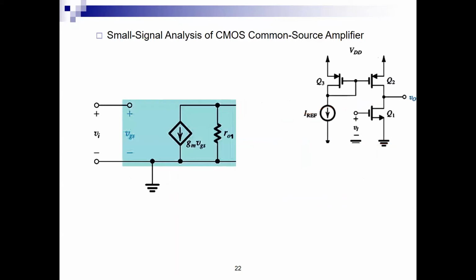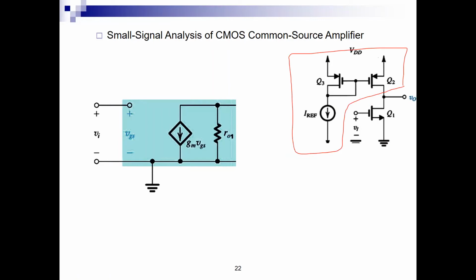Great. So if I want now to perform a small signal analysis of the CMOS common source amplifier, if this is a transistor Q1, and this is the pi model for Q1, I want to now plug in the effect of this whole block on my circuit.